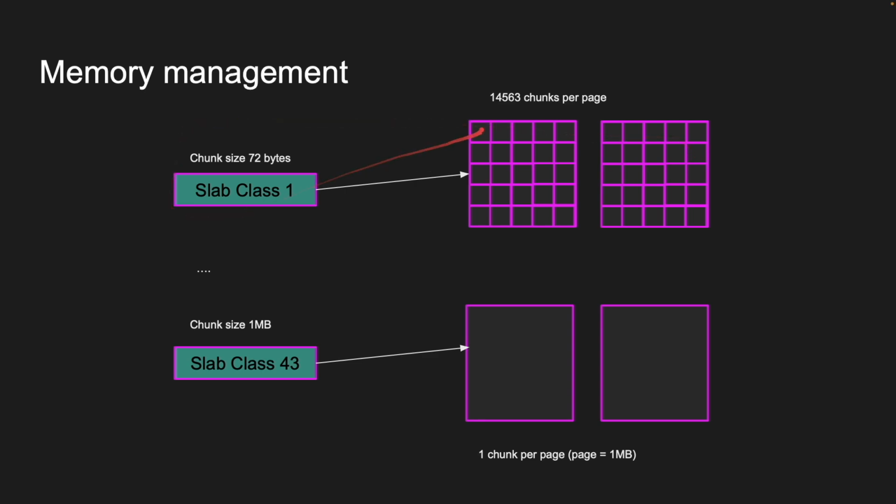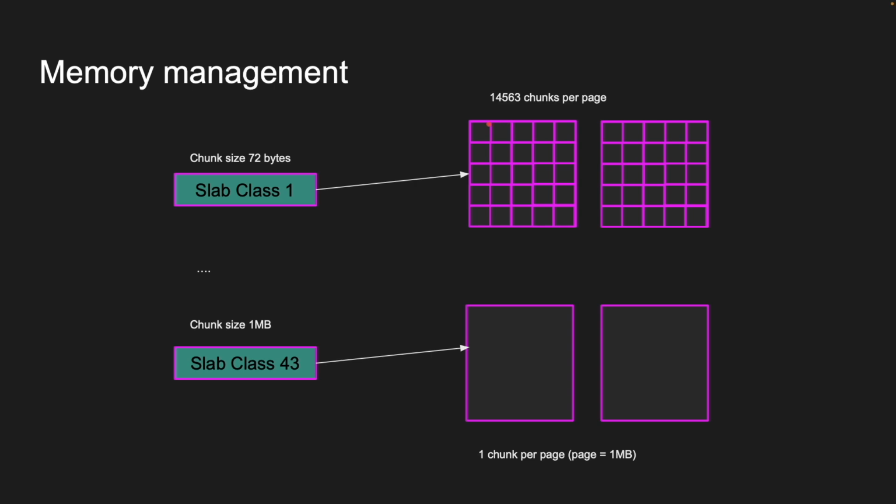So a slab class, and their pages, right? So this page, in this case, we said 1 meg, right? And the chunk size 72 divided, that means we have 14,563 chunks per page, but each chunk is 72 bytes, right? So if you have an item around 72 bytes, it fits nicely in this. Okay.